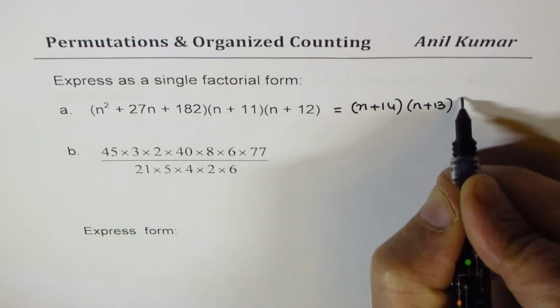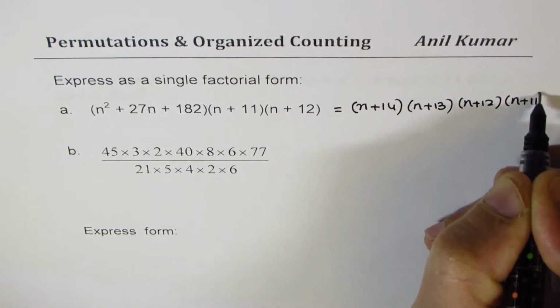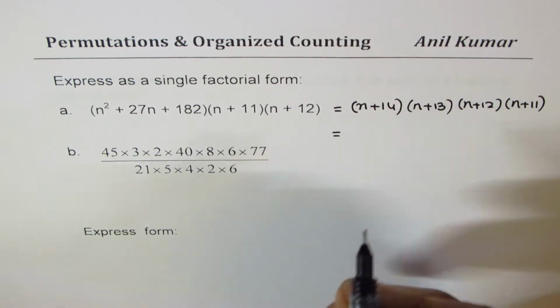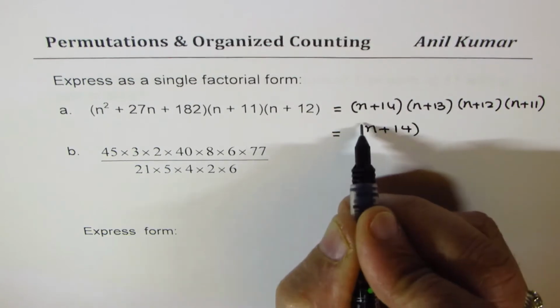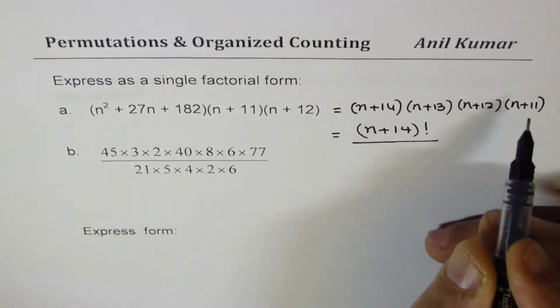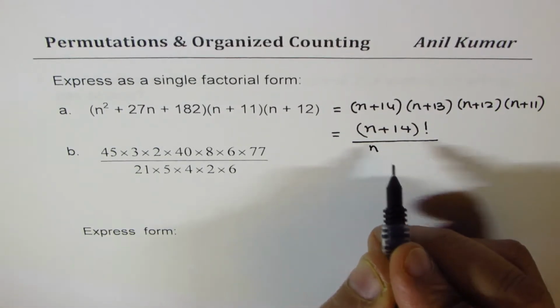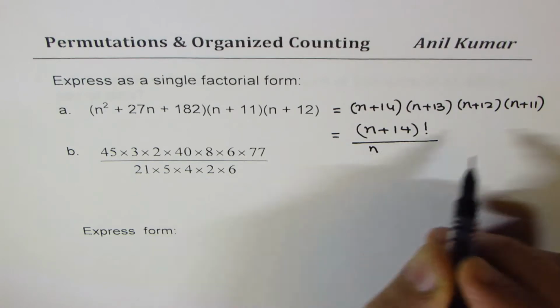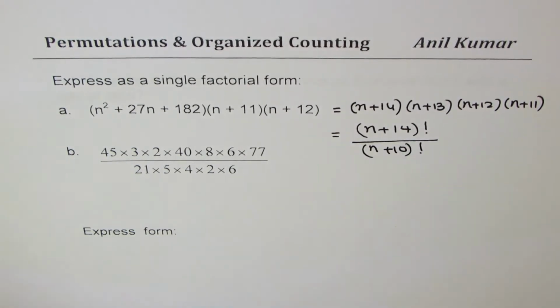And we already have n plus 12 times n plus 11. And this could be written as n plus 14 factorial divided by what? Since we are going up to 11, we should have n plus 10 factorial in the denominator, right?